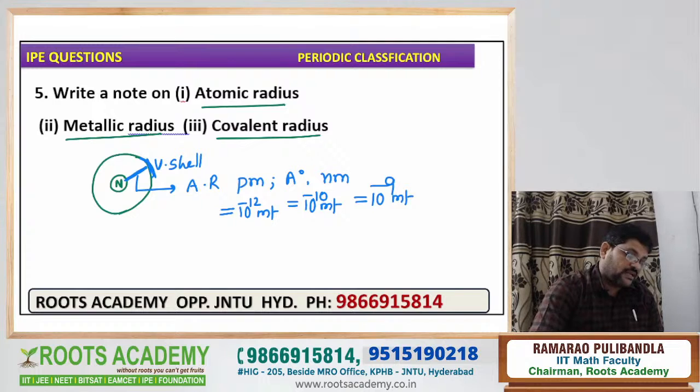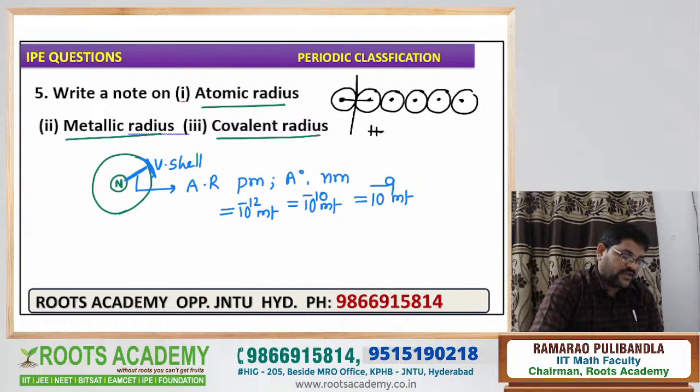Come to the metallic radius. We take a metal solid. What is a metal solid composed of? Metal atoms, available adjacent to each other like that. This is the nucleus, nucleus, nucleus, nucleus. Now how do you define it?